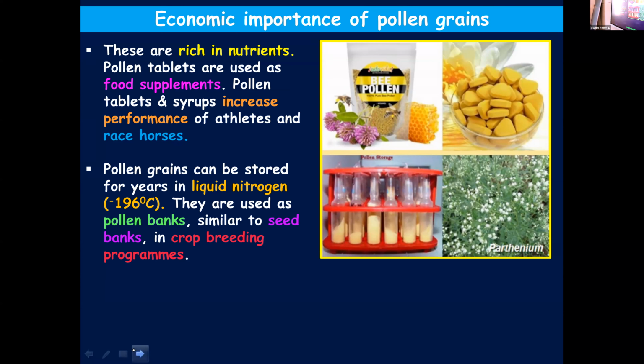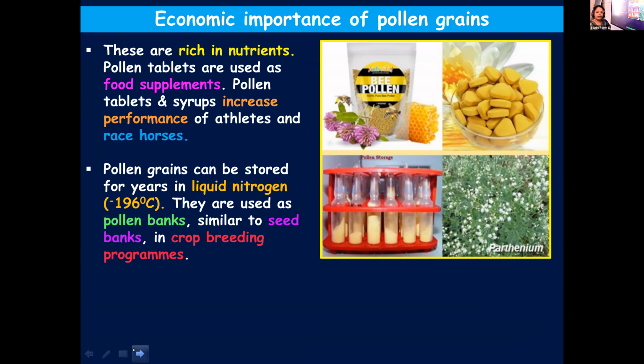Pollen grains are rich stores of nutrients, and hence tablets and syrups made out of these pollen can be used as food supplements. It will help in increasing the performance of athletes and even race horses.